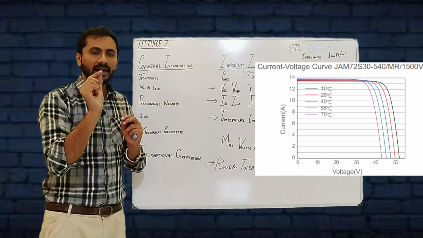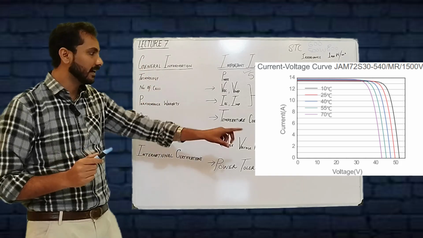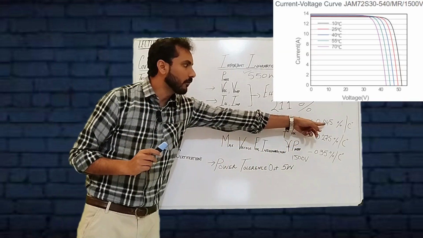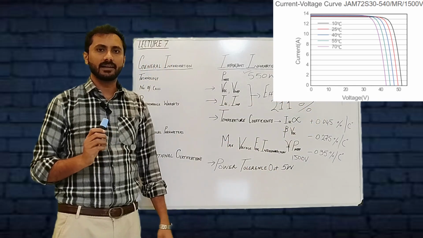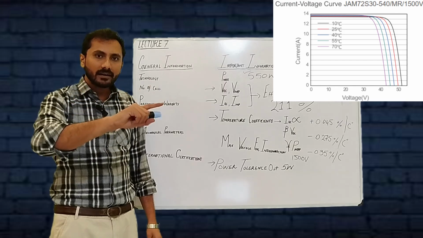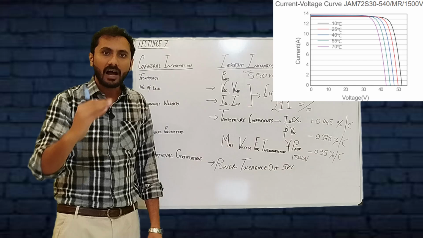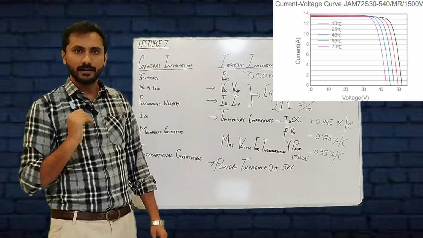Current will be affected by a minor percentage per degree centigrade, like 0.045 percent per degree centigrade. But the voltage, as the temperature gets lower to nearly minus 5, will rise to around 53.